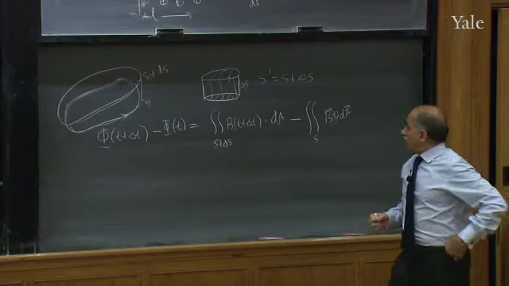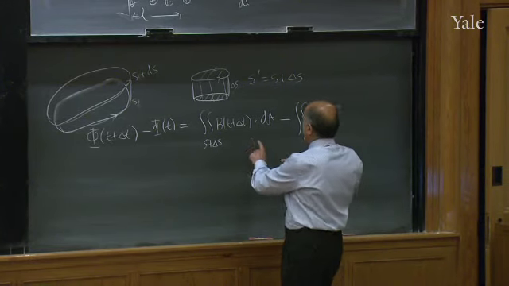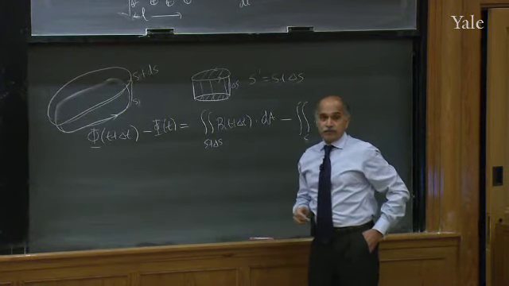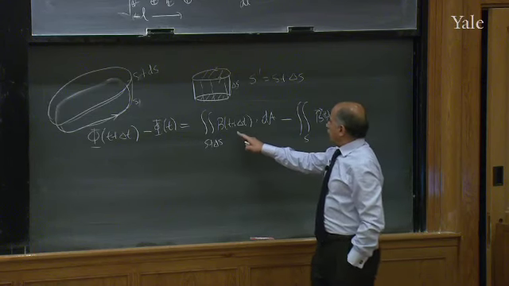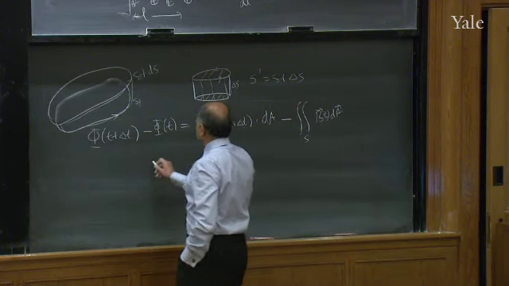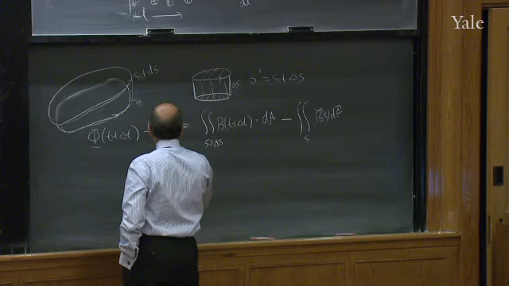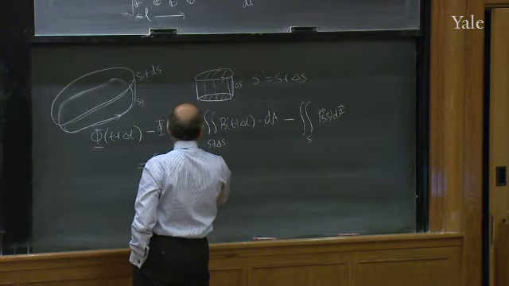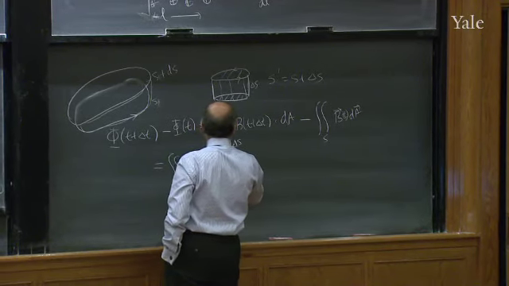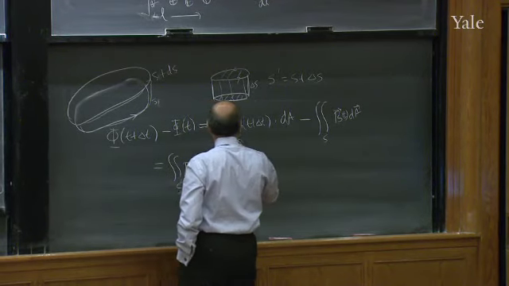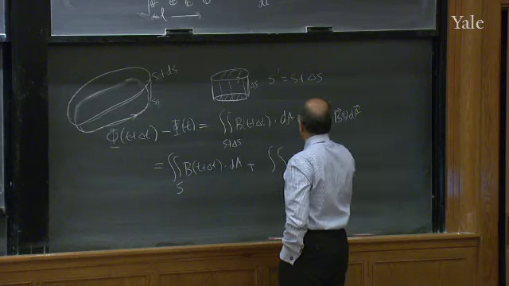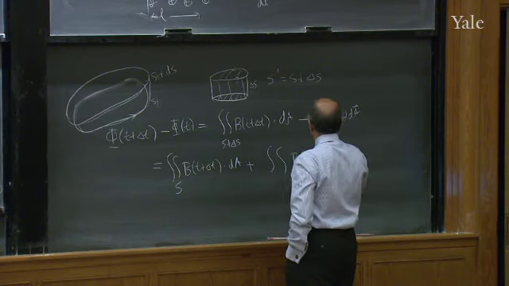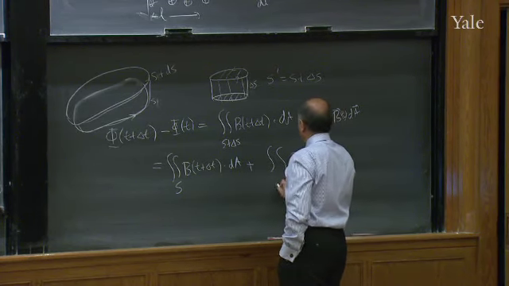You take the old surface because it's going to make it easy for you to cancel some of the stuff with some of this. That's why. So the integral of B at t plus delta t dot dA, you can write as B at t plus delta t dot dA on S plus the integral of B of t dot dA on delta S.